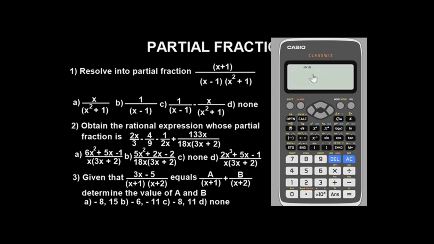To clear, simply press Shift, then 9, and follow the instruction. We want to initialize all, press 3, then press equal to, then press equal to again, and it will clear. So it's now in default mode.